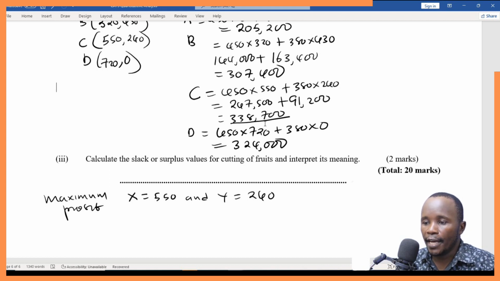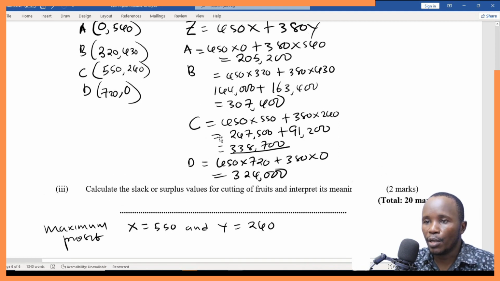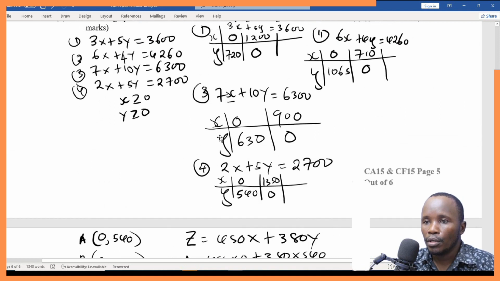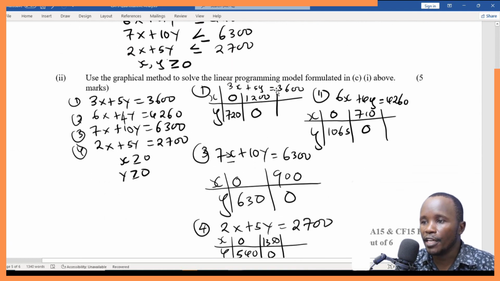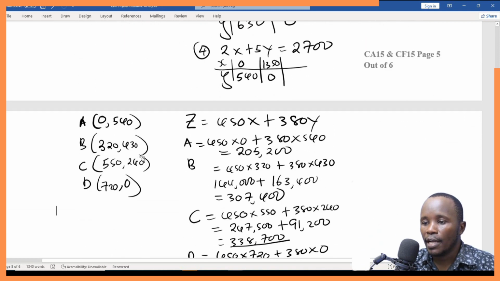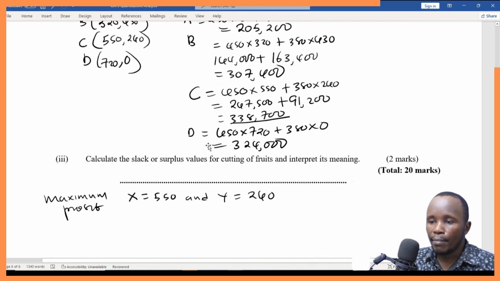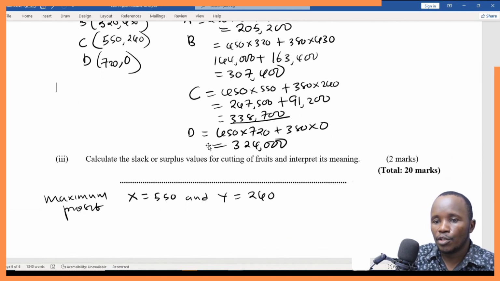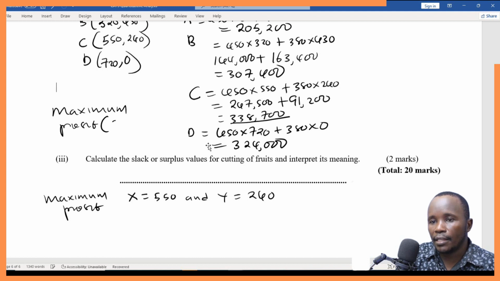Having said that, we need now to find part 3, because here you're supposed to use the graph to solve the linear program model, and we have already found that the maximum profit is obtained at 550, 240.